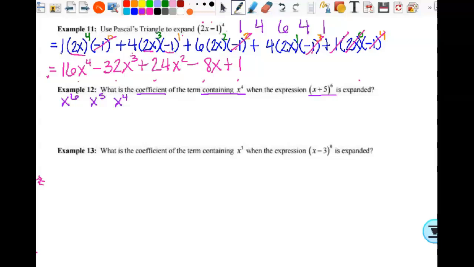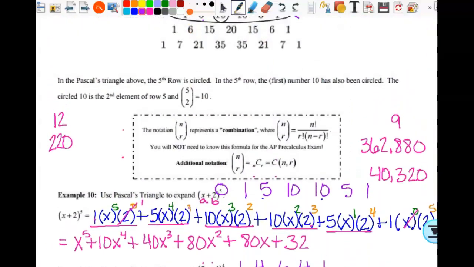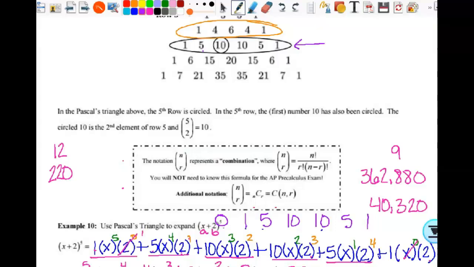If I was going to expand this entire thing, what row am I going to look at? 6. I'd look at row 6, right? So if I go to row 6, the third term is my x to the 4th term. So go up here to row 6. Row 6, third term would be x to the 4th, which means I'd be using that 15, okay? That's how I found that number.